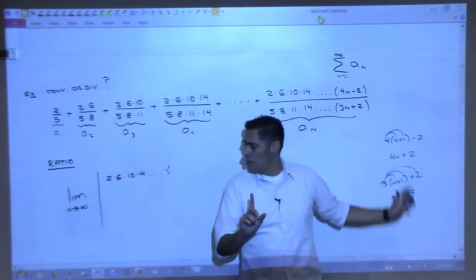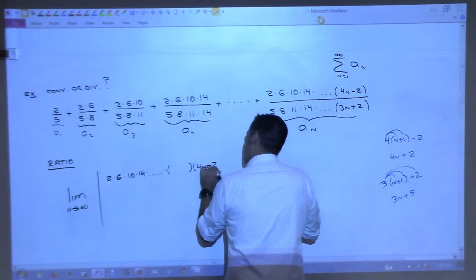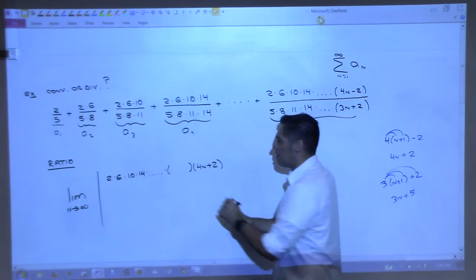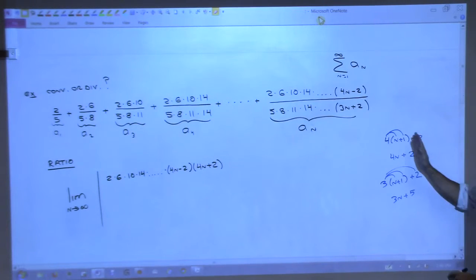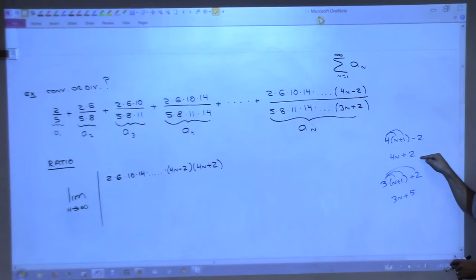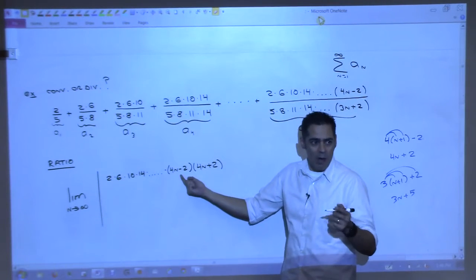Do you all agree? But watch. I put a space in front of it. The space in front of it, that's the one that was there before, right? 4n minus 2? That's the one that's this one, right? We're saying the next one would have been 4n plus 2. So it's not wrong for me to put this in here, is it? Now you'll see why I want it in a second.